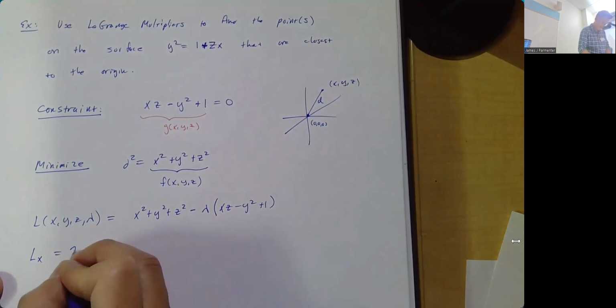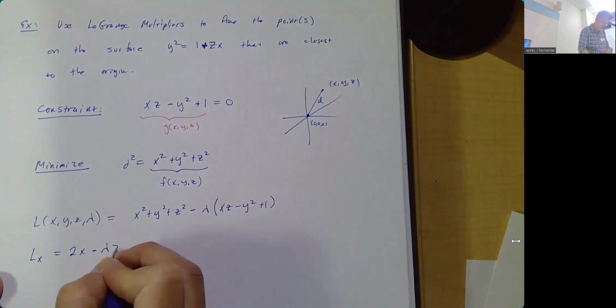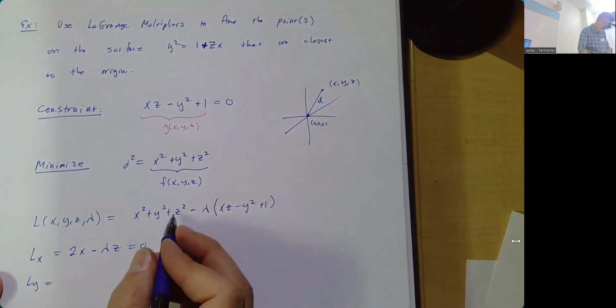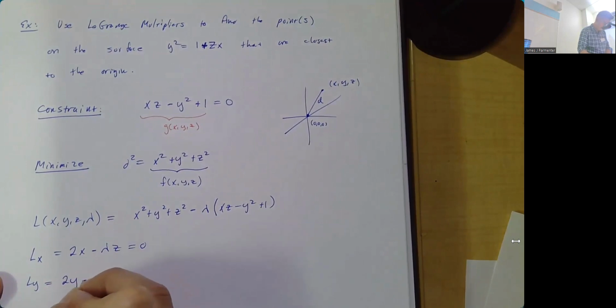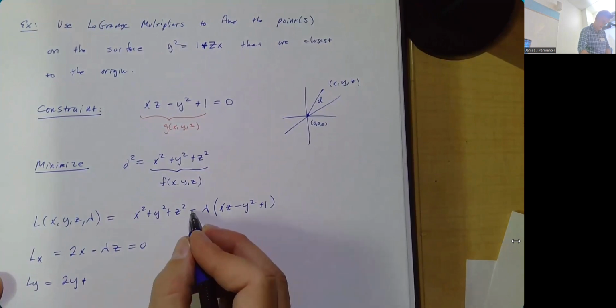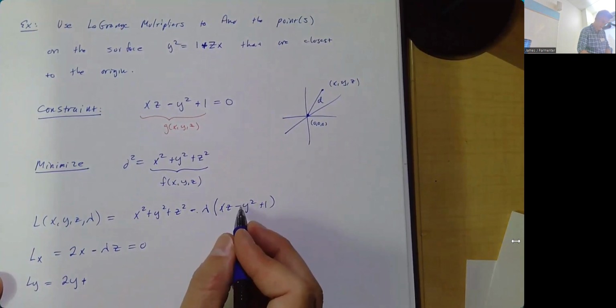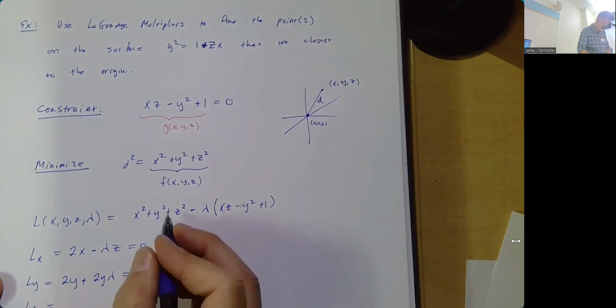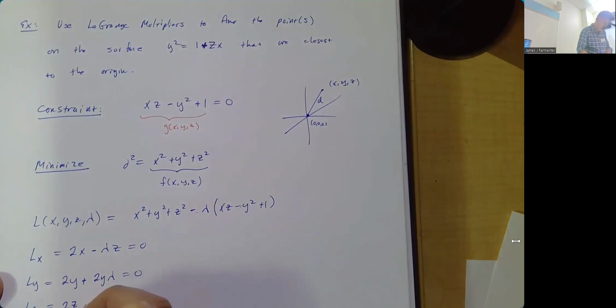So Lx is 2x minus lambda z. Ly is 2y, plus negative lambda times negative 2y, which is plus 2y lambda. And then Lz is going to be 2z minus lambda x, equal to 0.